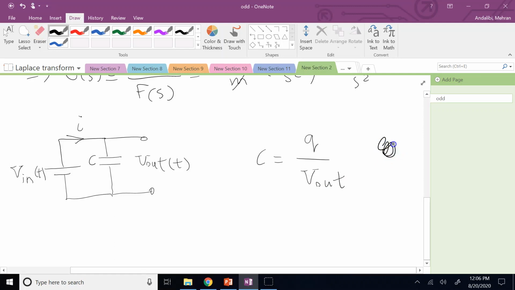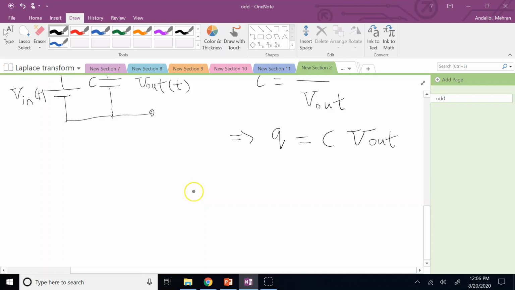And then I can take a time derivative from this, or first I cross multiply, then take a time derivative. So Q is C times V out. Now I take a time derivative. Why? Because the derivative of Q will be I, right?